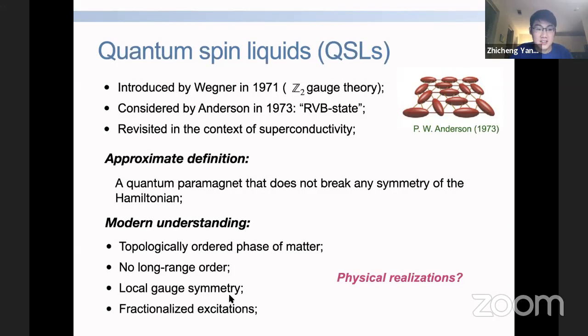Importantly, the system has a local gauge symmetry, whether intrinsic or emergent. And the system also has fractionalized excitations. So you can see that on the theory side, quantum spin liquid is extremely rich. However, concrete physical realizations, in particular in terms of real-world materials, have so far remained debated.